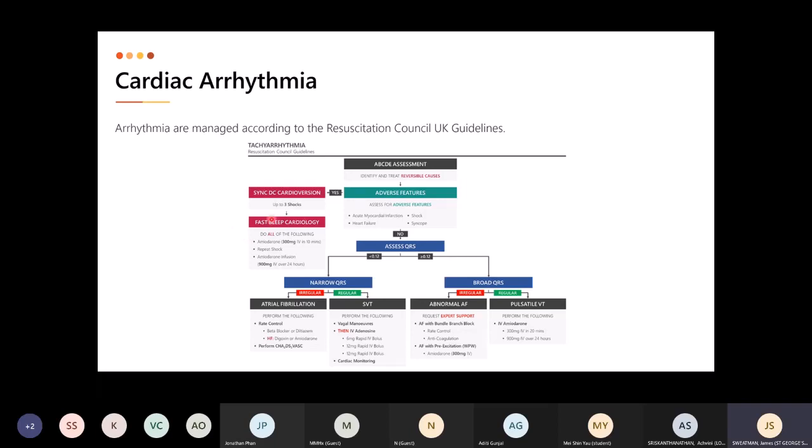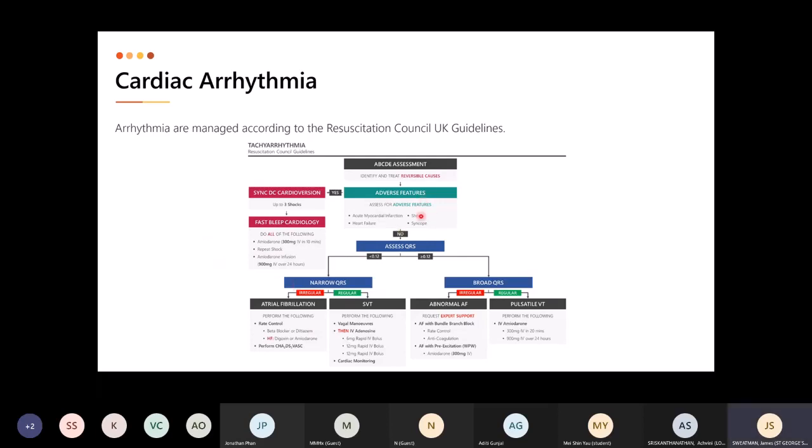If that doesn't work, then you fast bleep cardiology and say, this guy's really unwell. And you can start an amiodarone infusion. The amiodarone infusion for every arrhythmia is always the same, which is a 300 milligram IV bolus, and then an infusion of 900 milligrams over 24 hours.